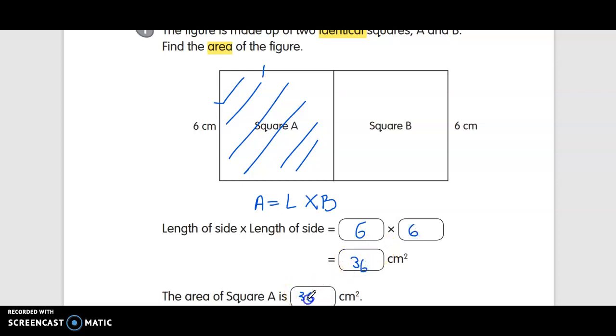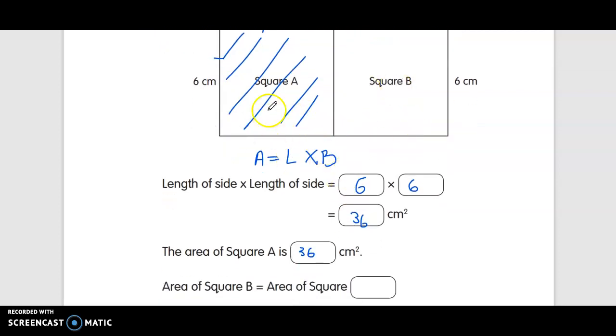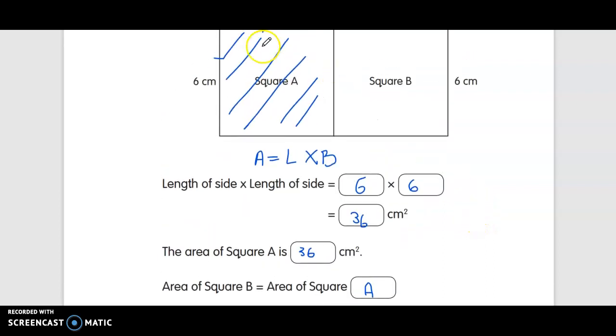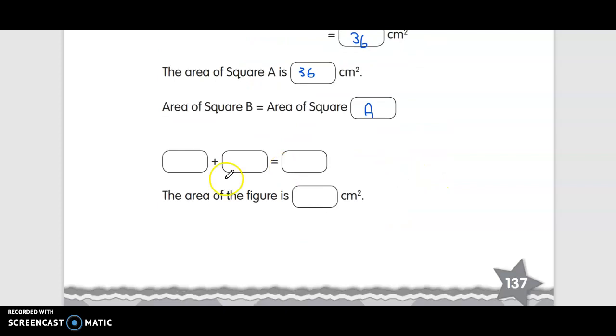Now, since they are the same square, area B is also equal to area of square A. So how do we find all together? So another way is 36 plus 36 or 36 times 2. And they will give you the same answer, which is 72 cm square.